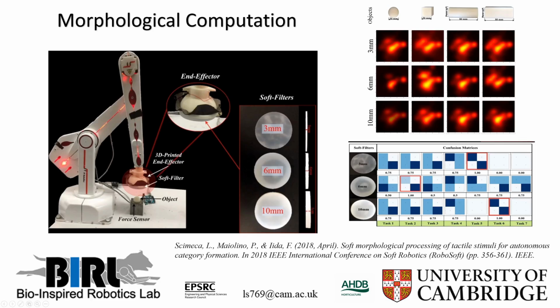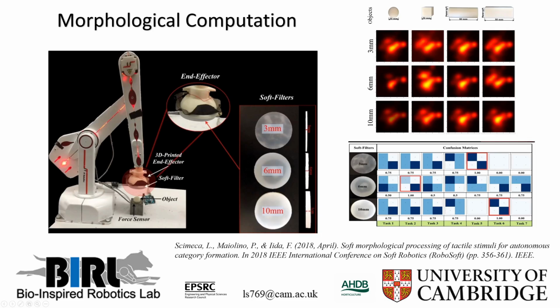Morphological computation is something that we explored before. In 2018, our first submission to the Robosoft conference was about morphological computation, and back then we showed that by changing the morphology of some soft filters, you could induce tactile sensing to perform object discrimination by some object properties.